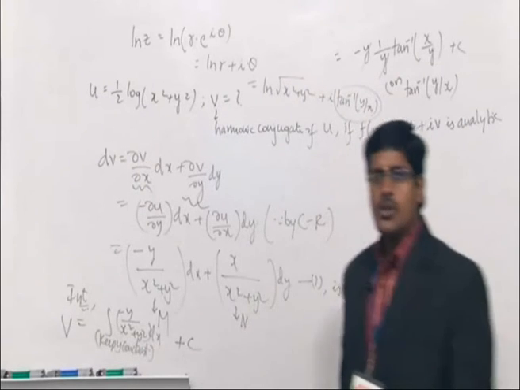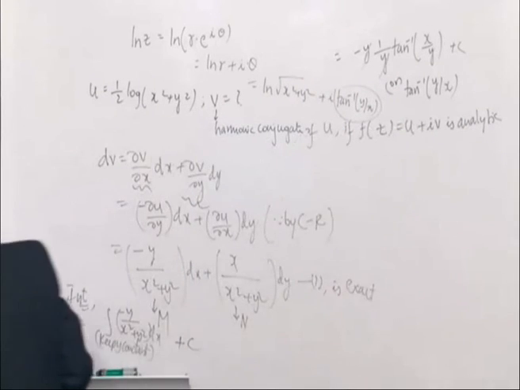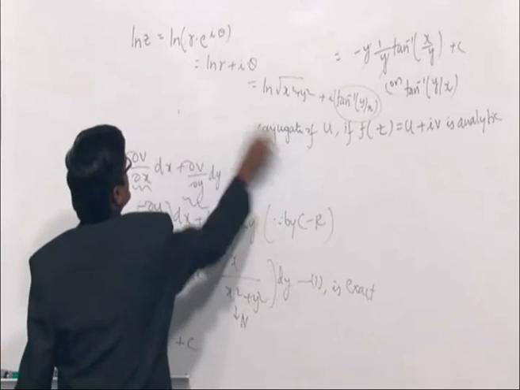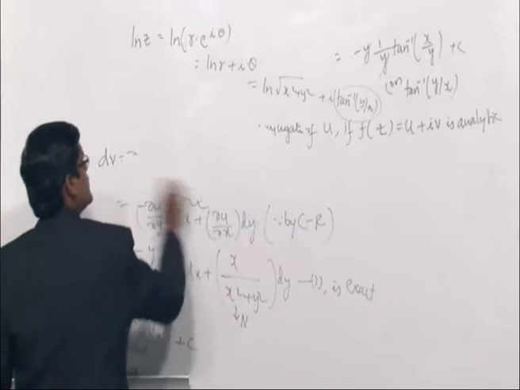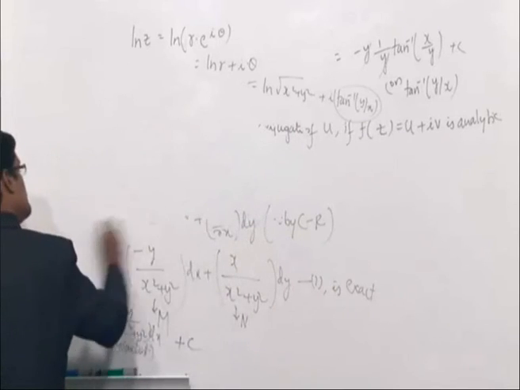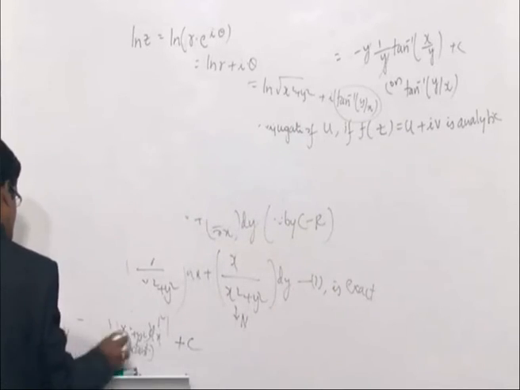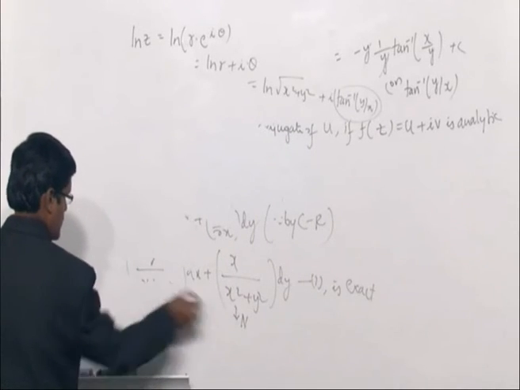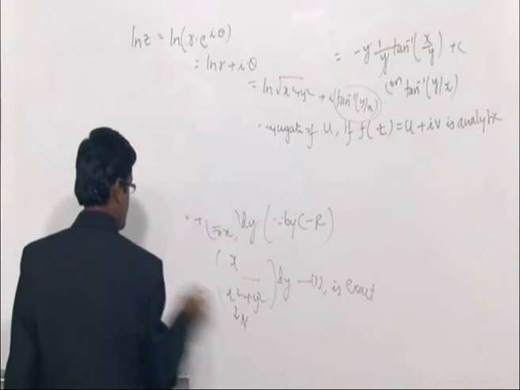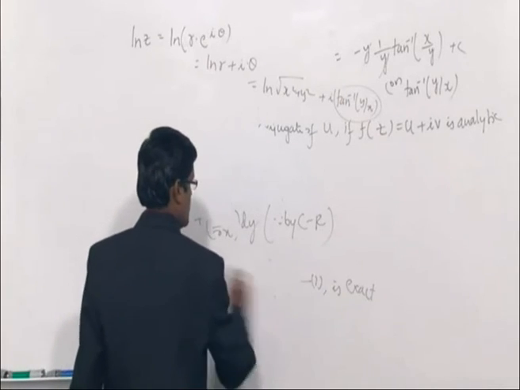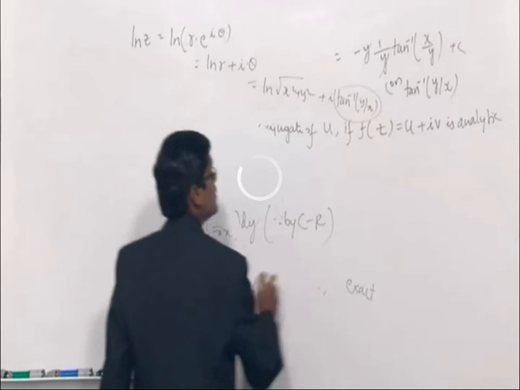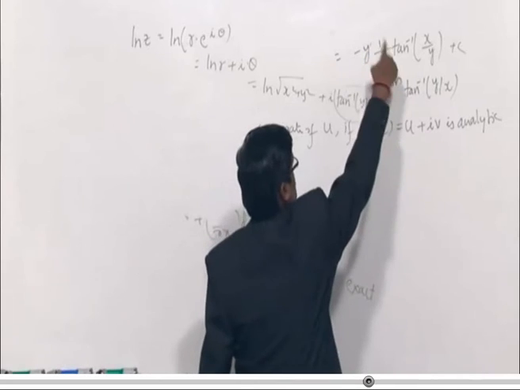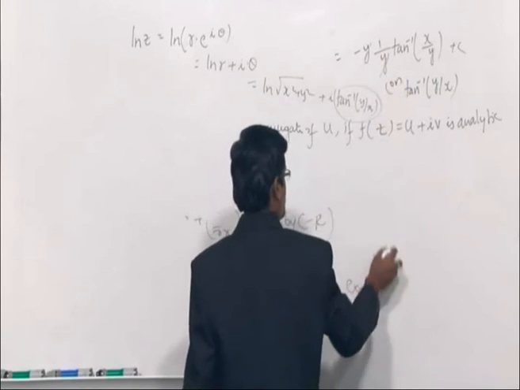Next question, if u is equal to log tan of... let me solve that also. Both are correct: minus tan inverse x by y or tan inverse y by x.